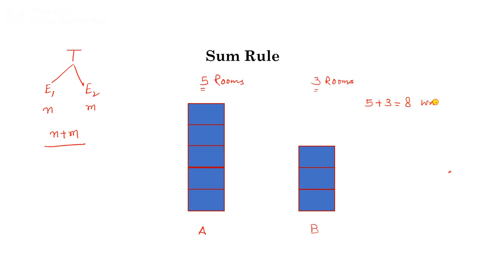So we have 8 ways to get a room in A or B. You can get a room either in A or in B, but you cannot get a room in both A and B. That's why these two events cannot occur simultaneously. So you add the two numbers 5 and 3, and the total is 8. So this is the sum rule.